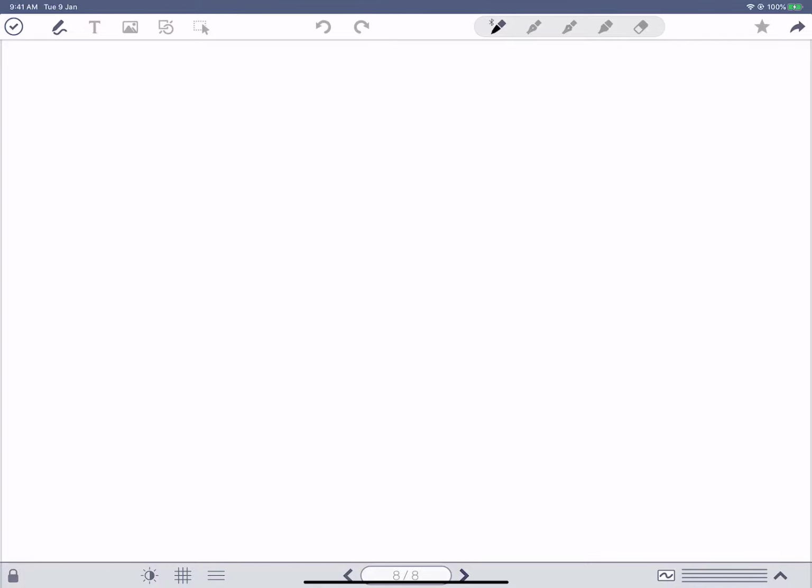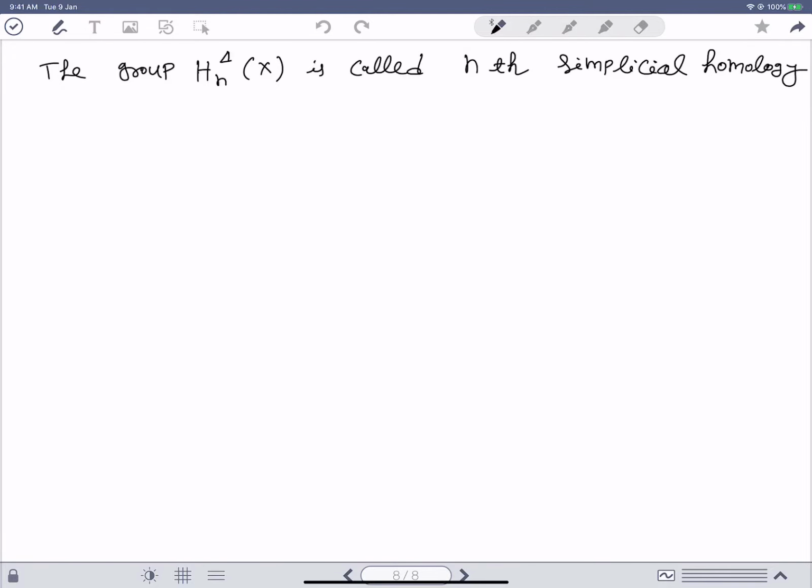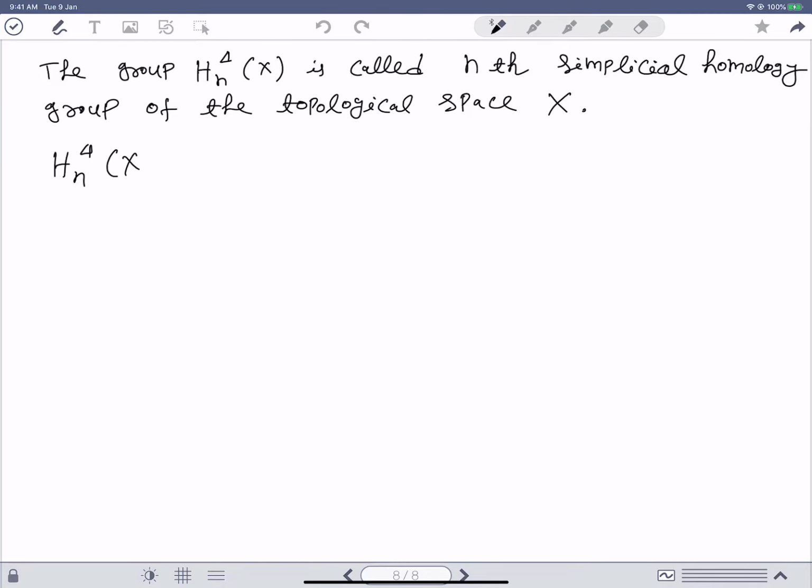And more specifically, the group Hn delta X is called the nth simplicial homology group of the topological space X. So we know that Hn delta X is a quotient group: the kernel of del n quotiented by the image of del n plus 1.